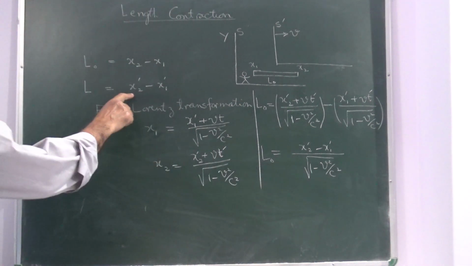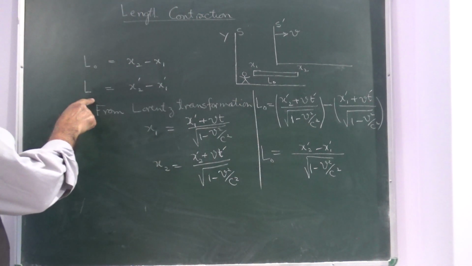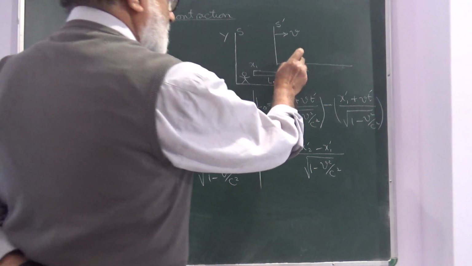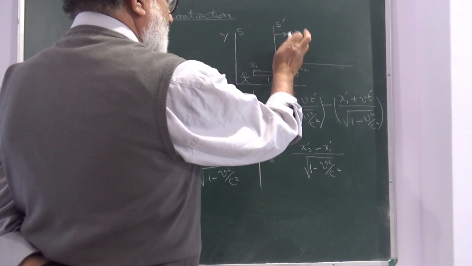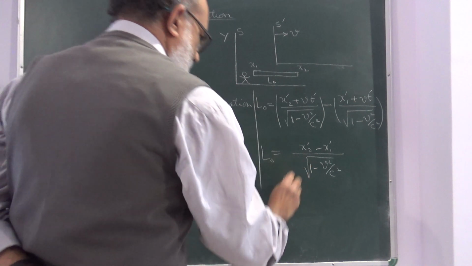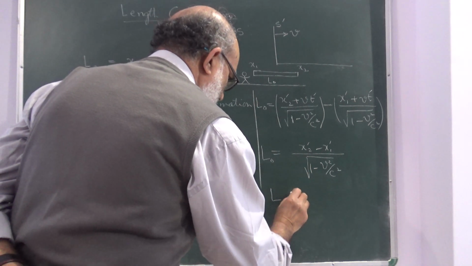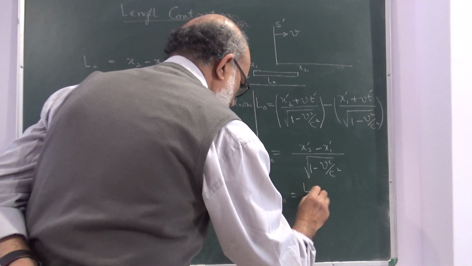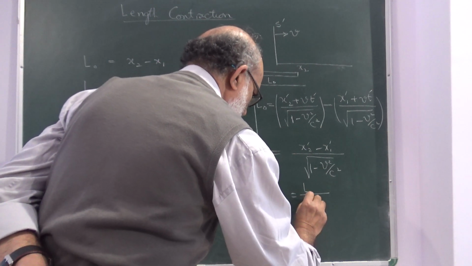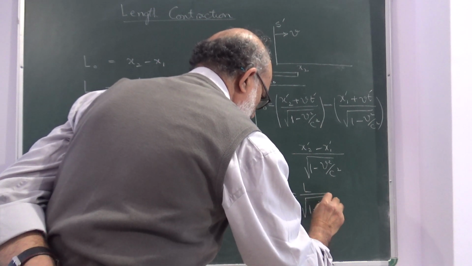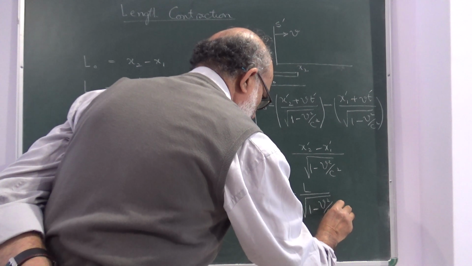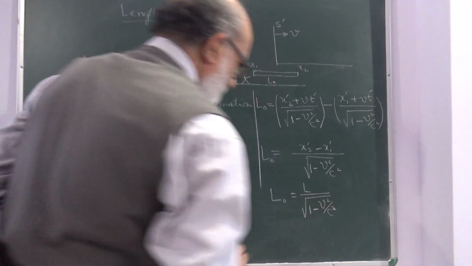And x2 dash minus x1 dash is L, the length measured by an observer in the moving frame. So L naught is equal to L divided by the square root of 1 minus v square by c square.